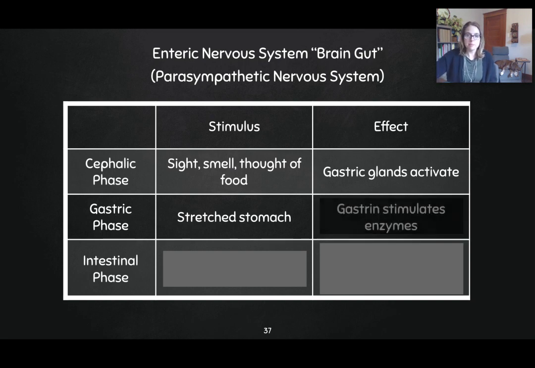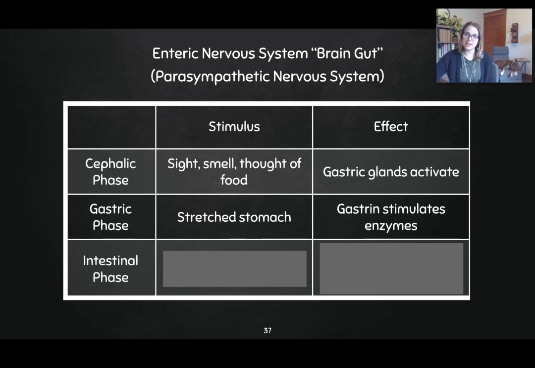And what ends up happening in our gastric phase when it's stimulated, gastrin is going to then kick in. So the gastric glands might get activated to start making pepsinogen and HCl and mucus, but the gastrin doesn't come in until that first bit of food hits the stomach, and then all those enzymes get released.